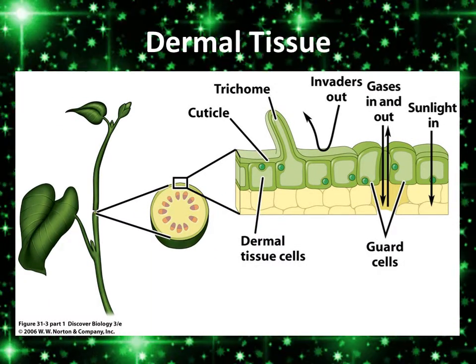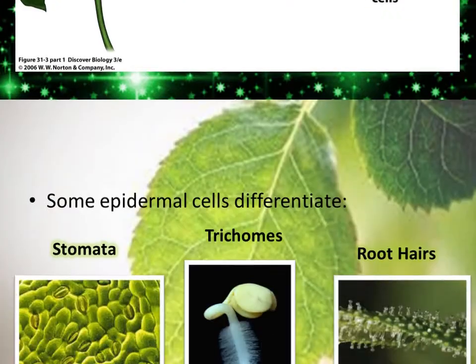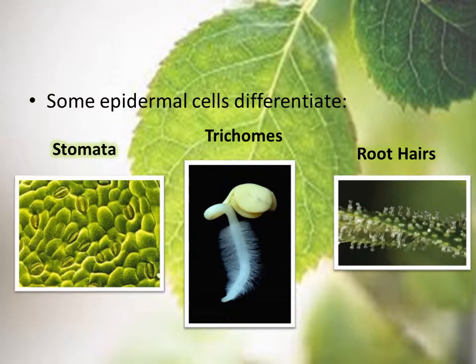The first tissue system is dermal tissue. Dermal tissue forms epidermis, usually one cell layer. Some epidermal cells differentiate.